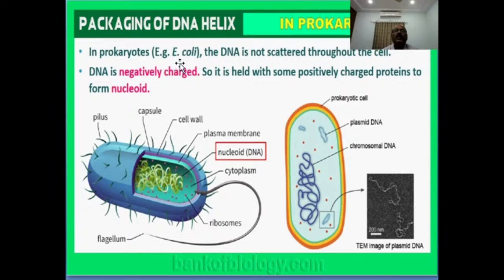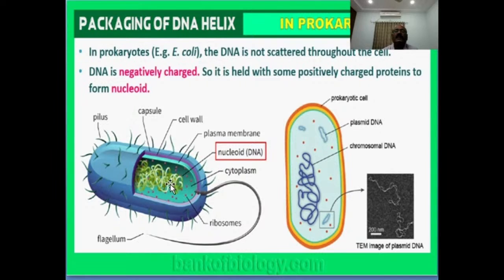In prokaryotes, for example Escherichia coli, the DNA is not scattered throughout the cell. DNA is negatively charged, so it is held with some positively charged proteins to form nucleoid. So this is a bacterial cell. You see this is a nucleoid.